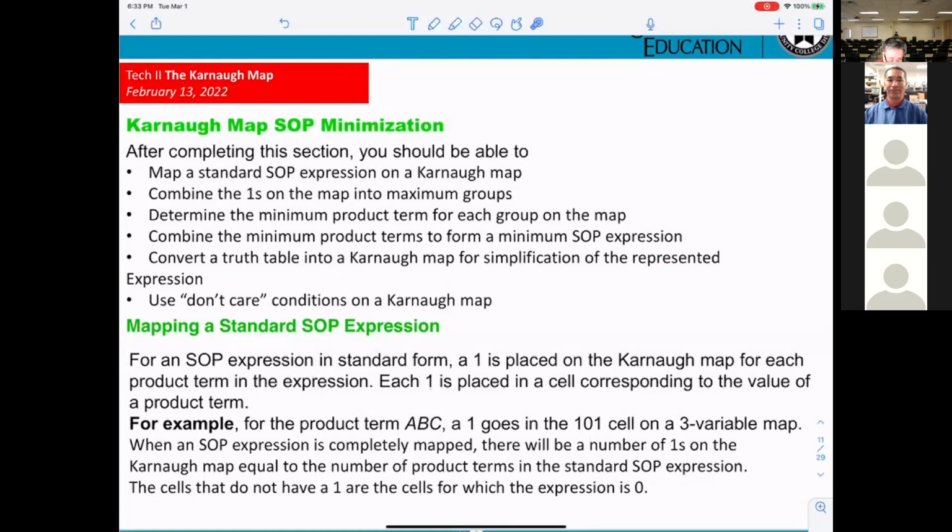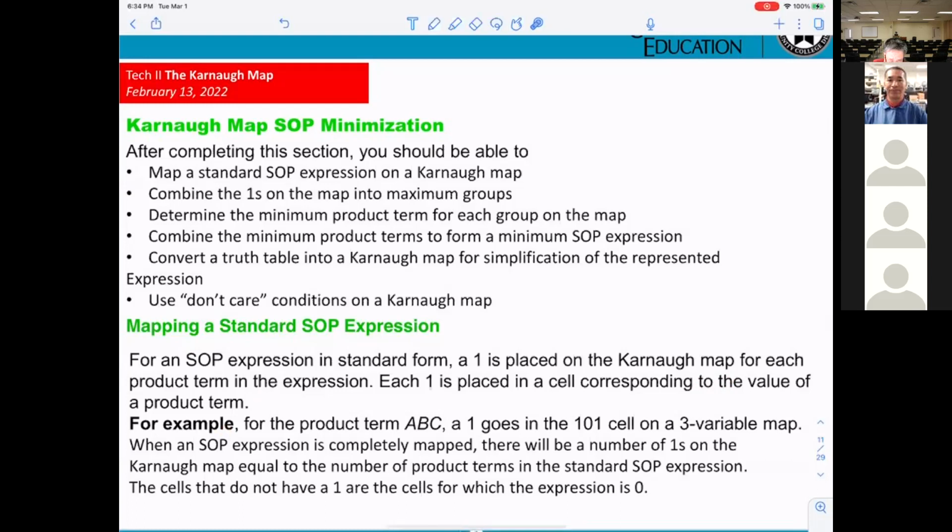Mapping a standard SOP, sum of product. For a sum of product expression in standard form, a 1 is placed on the K-map for each product term in the expression. Each 1 is placed in the cell corresponding to the value of a product term.